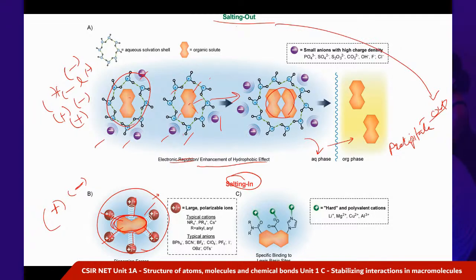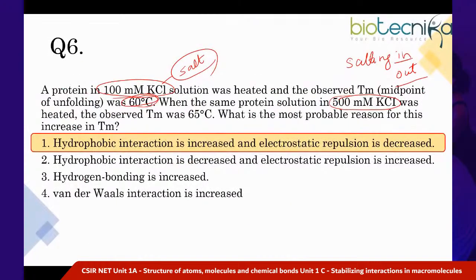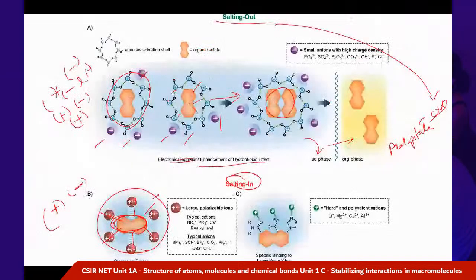Because of the salt, the proteins are precipitated out. Got it? So that's why the correct answer over here happened. Hydrophobic interaction increased. That's why the proteins clumped together out of water and precipitated. And electrostatic interaction increased, so increased attraction means repulsion is decreased. Clear? So your answer will be option 1, right?